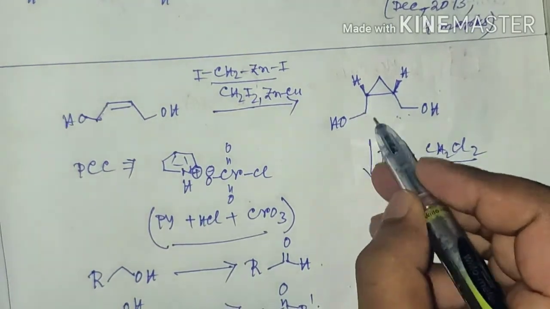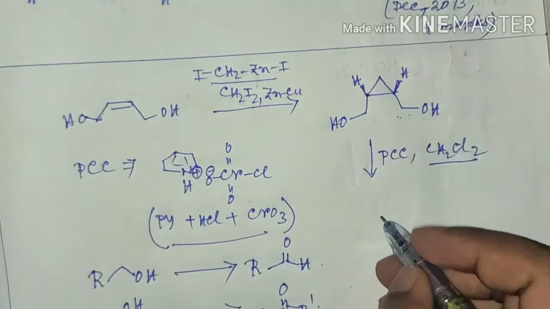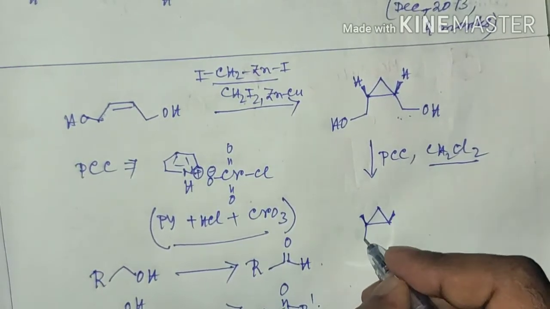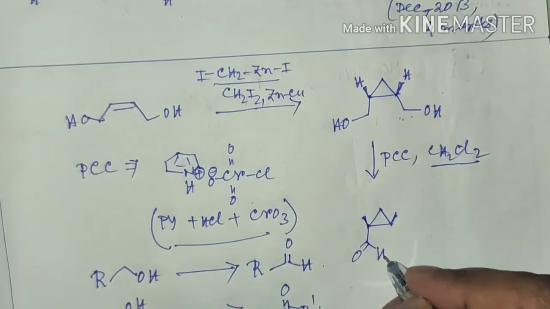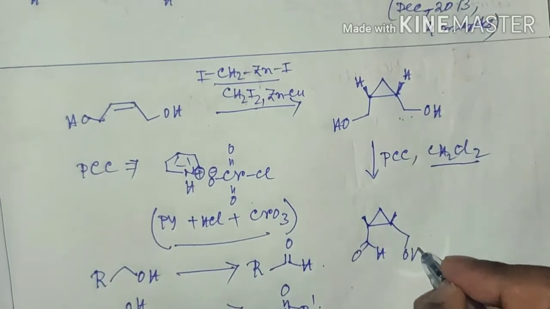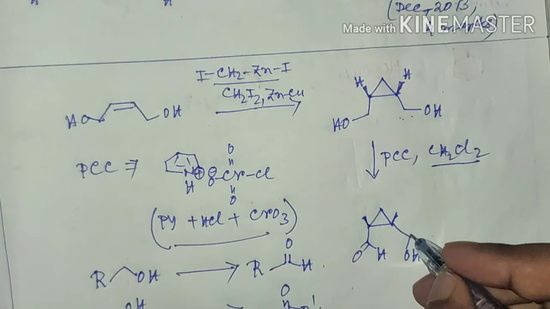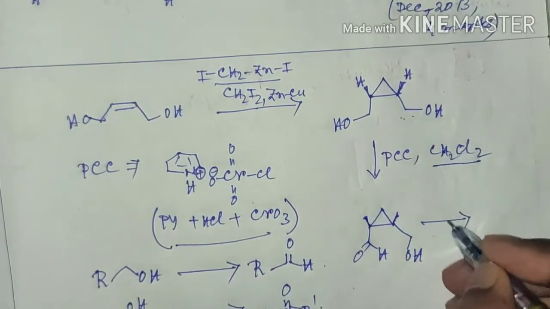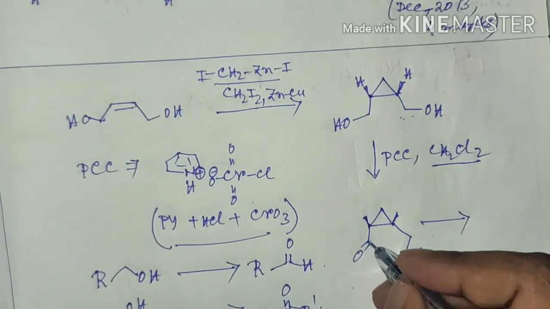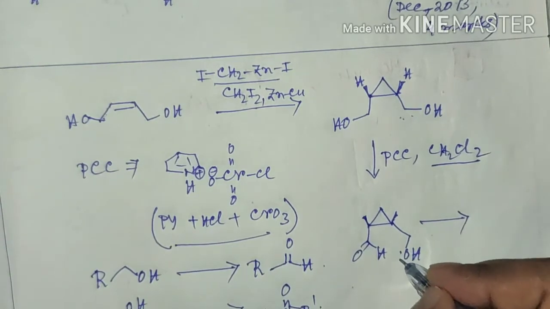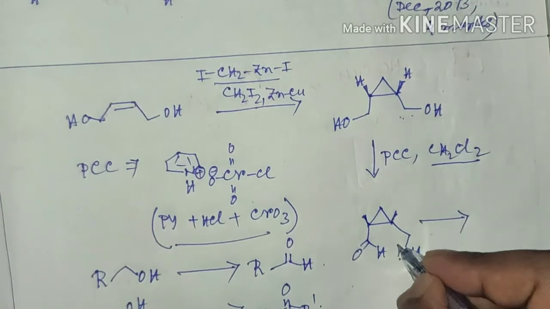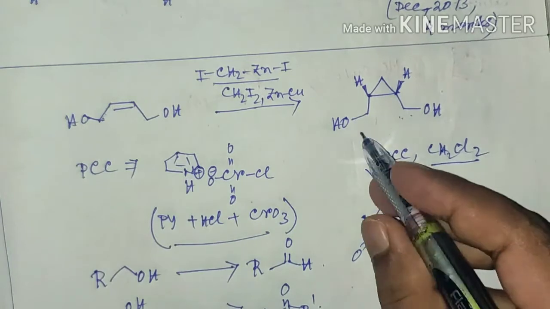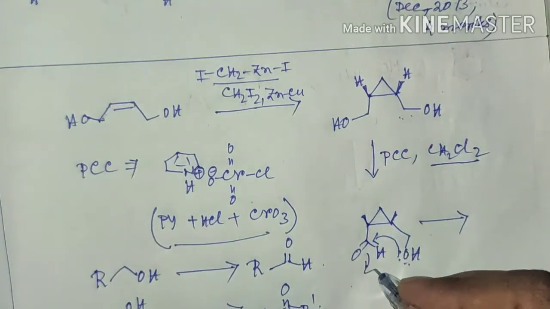So at first one alcohol group will oxidize to its corresponding aldehyde, and before the further oxidation of the second primary alcohol group proceeds, since there is a reactive carbonyl center and a nucleophilic alcohol, it will immediately attack at the carbonyl center after the first oxidation of one CH2OH group and form a lactol.